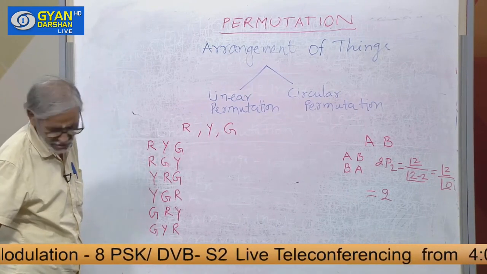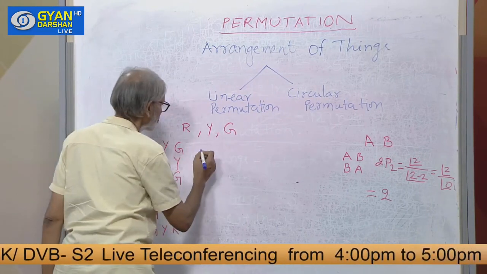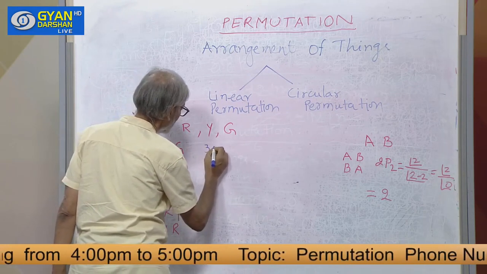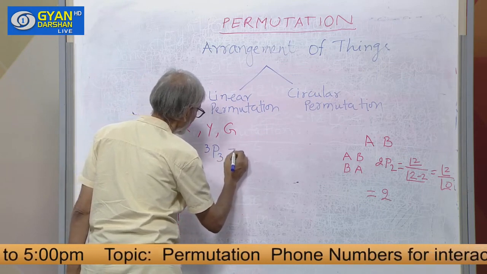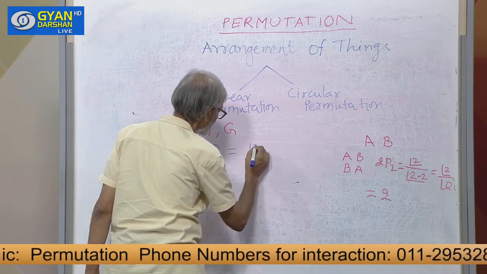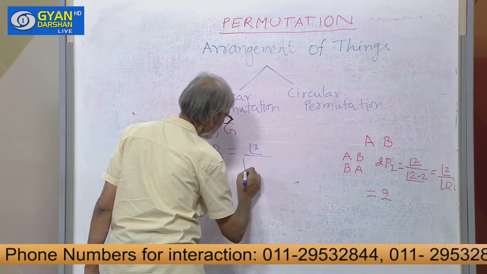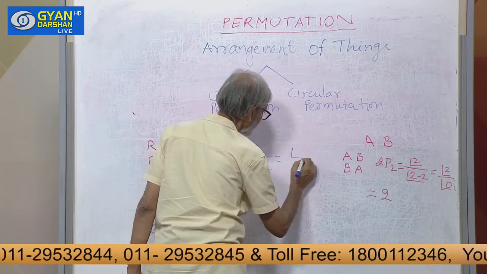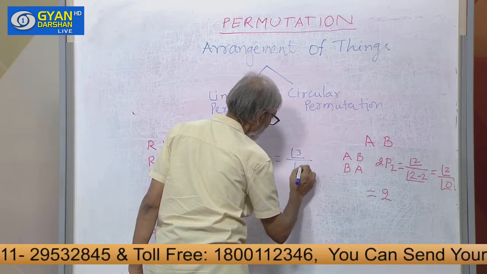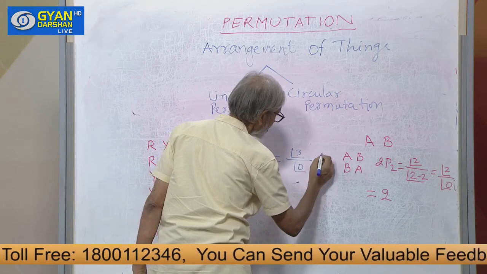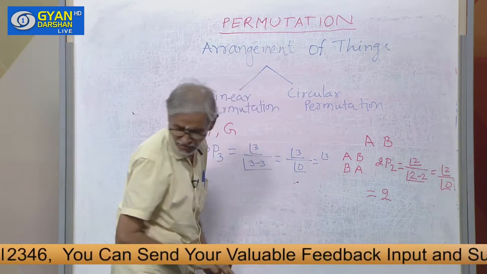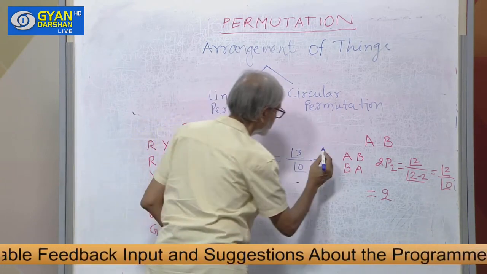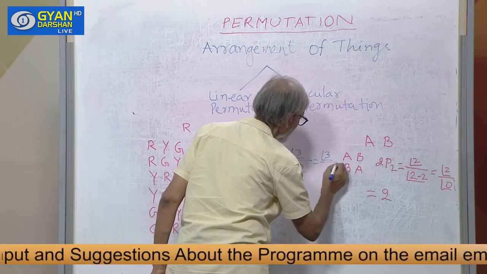According to the formula, 3P3 will be equal to factorial 3 divided by factorial 3 minus 3 is equal to factorial 3 divided by factorial 0 is equal to factorial 3 divided by 1.